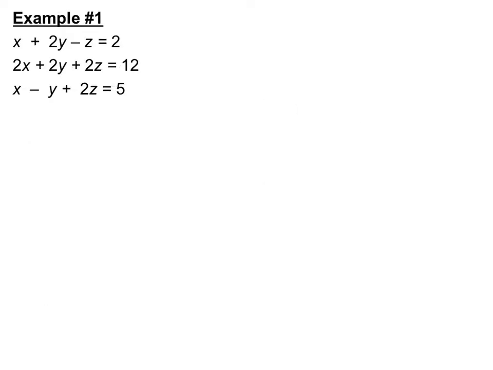Here's our first example. First thing that you want to do is determine which variable you would like to eliminate. I personally am going to eliminate the x's. To do that, I'm going to multiply my first equation by -2, so that I have -2x and +2x. First equation becomes -2x, subtract 4y, add 2z is equal to -4.